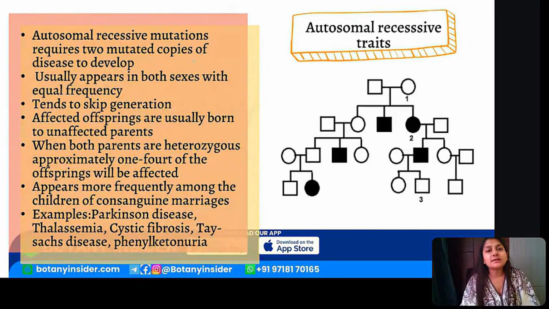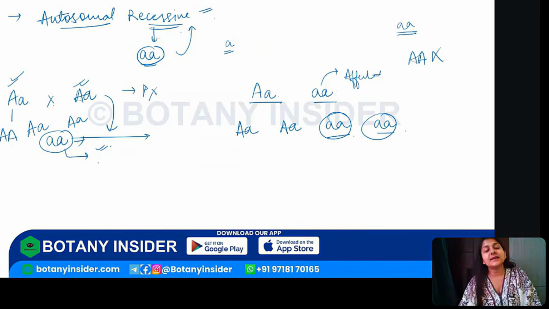So autosomal recessive mutation requires two mutated copies. We have learnt about this before, right? It usually appears in both sexes with equal frequency. There is no absolute percentage that it will be there only in the female or only in the male. In male and female, equal frequency is available, right?